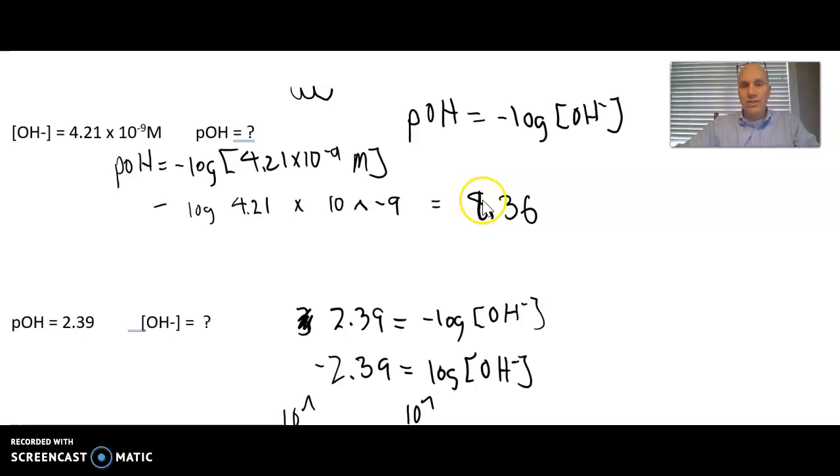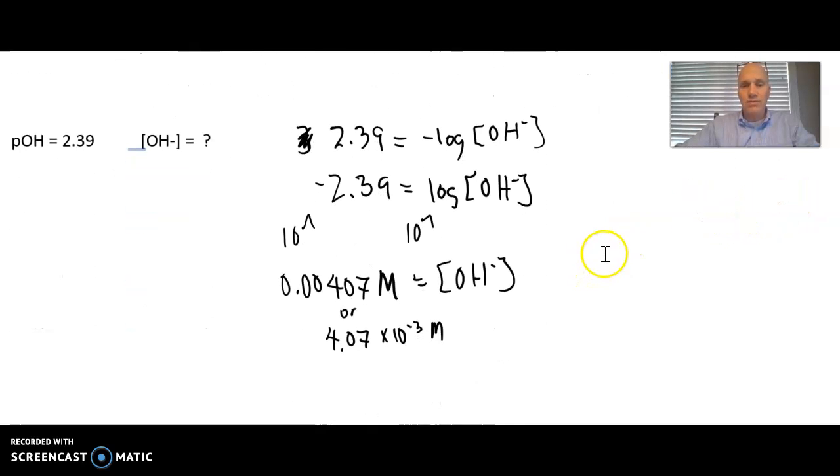If you have done your answer correctly, your number should be within 1 unit of the negative of this number right here. So if we think about what that exponent is, a negative 9, turn that into its negative value, that makes it a positive 9. And compare that to the number that you calculated. Notice that it's within 1 unit of that number.